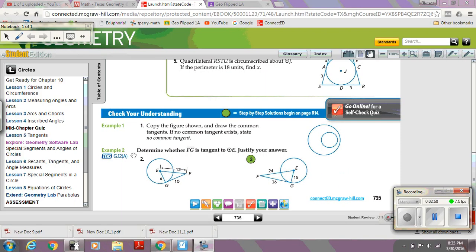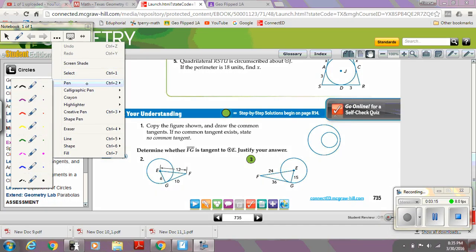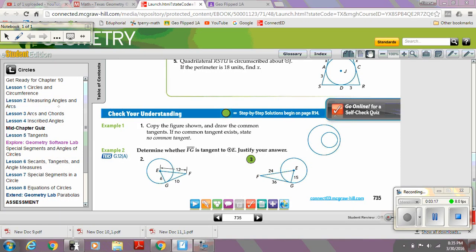So on number 2, it wants us to determine whether FG is a tangent to circle E. To do that, when we went over the notes, I told you you had to prove Pythagorean's theorem. Pythagorean's theorem, for those who have forgotten, is a squared plus b squared equals c squared.